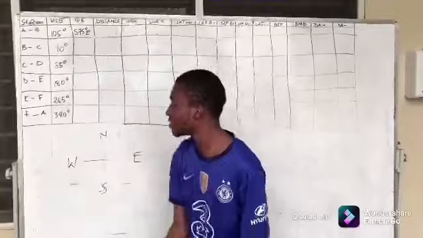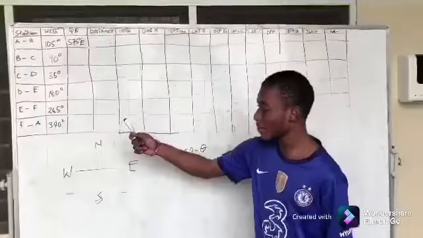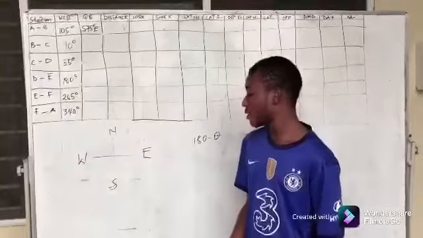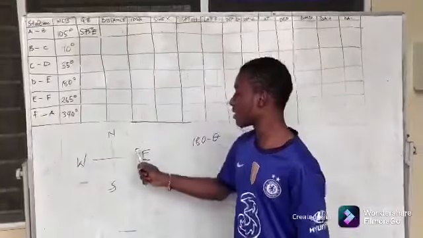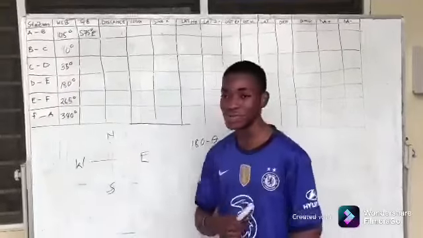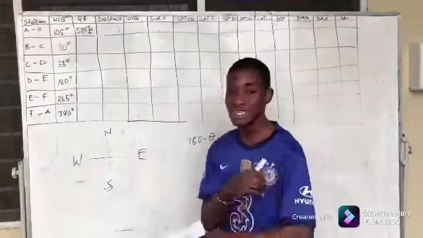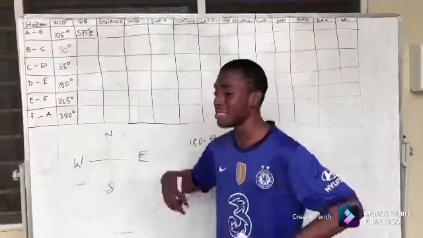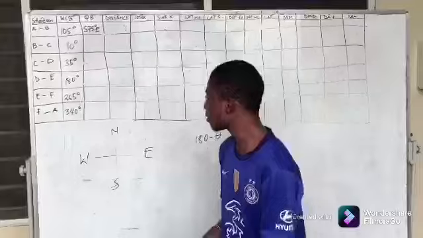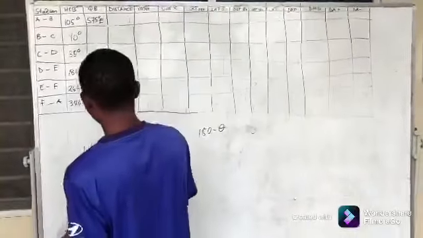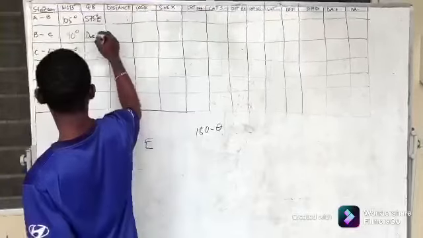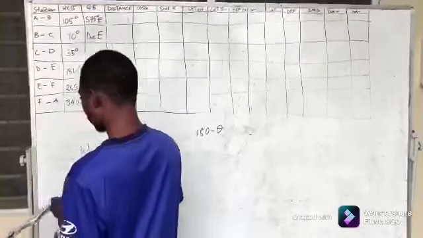The same thing. So this is 90. So where is 90 from the cardinal points? 90 is at the first quadrant. So if theta is equal to 90, that means it's due east. Or you can write 90 east, but it's proper to write due east.